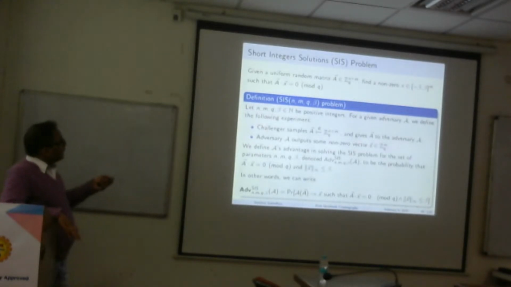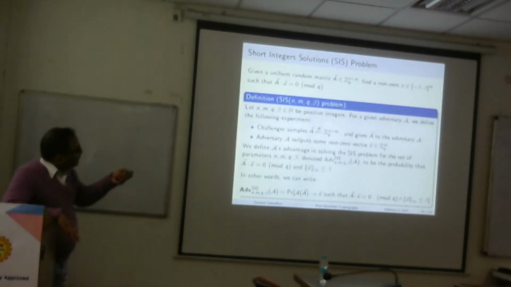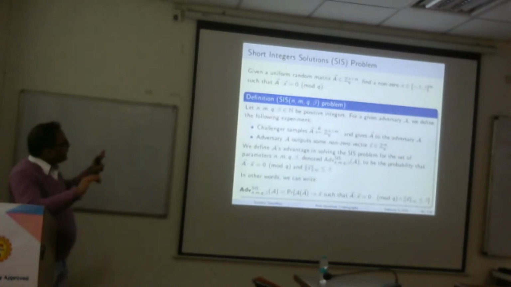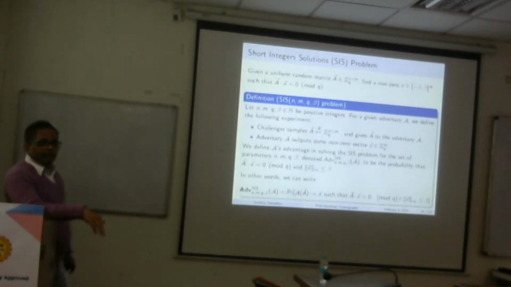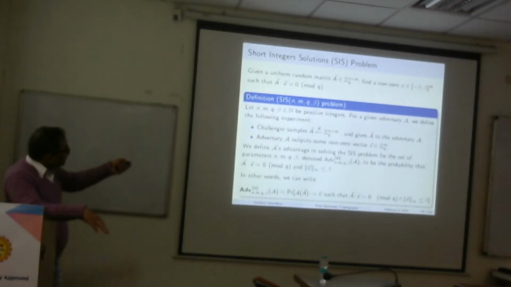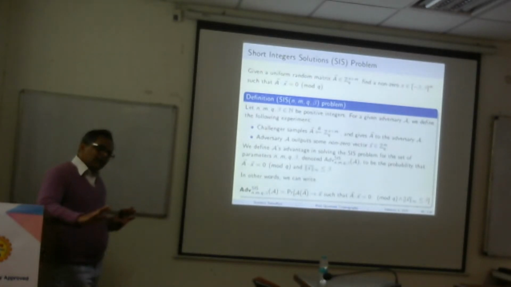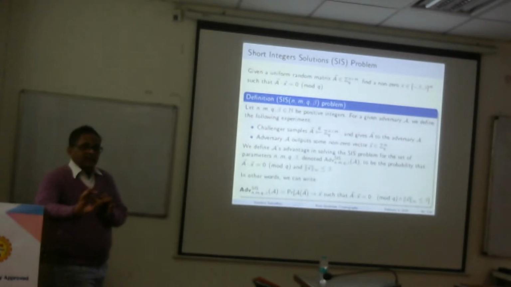Now first forget the condition on x. I give you a matrix A of size n by m, where all entries are between 0 and q minus 1. And I give you this equation Ax equals 0 mod q. Can you solve this? Forget about the condition on x. You have a matrix A, you have to find those vectors x such that Ax equals 0 mod q.